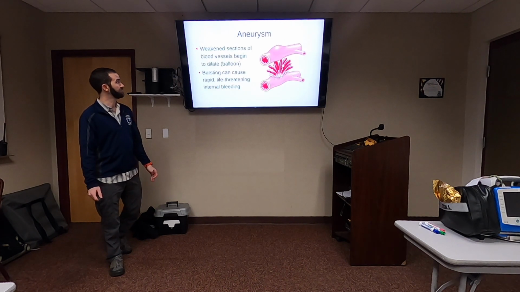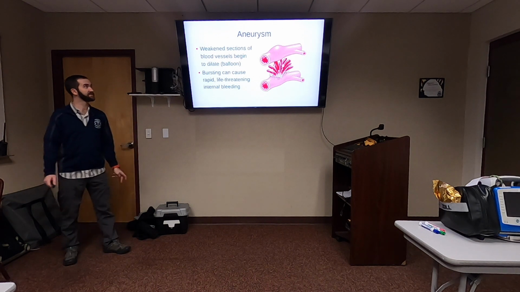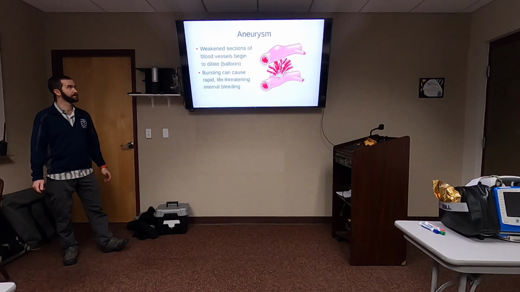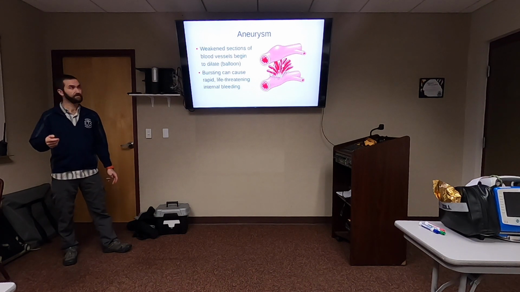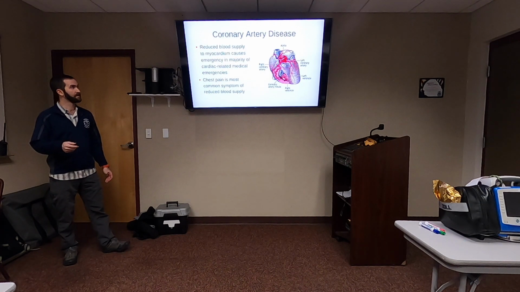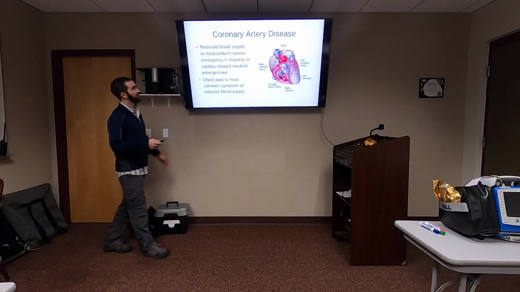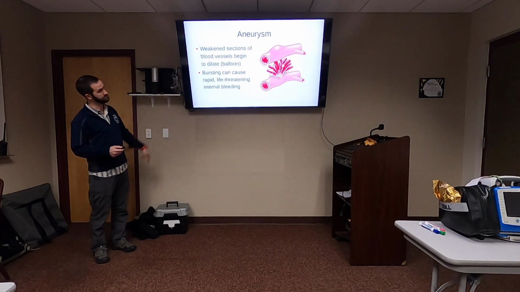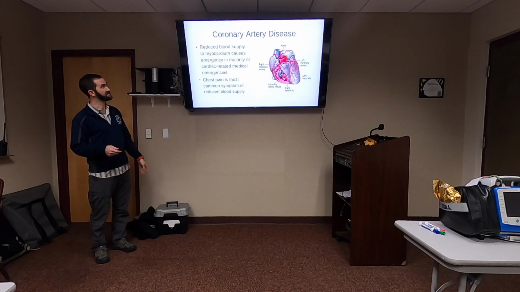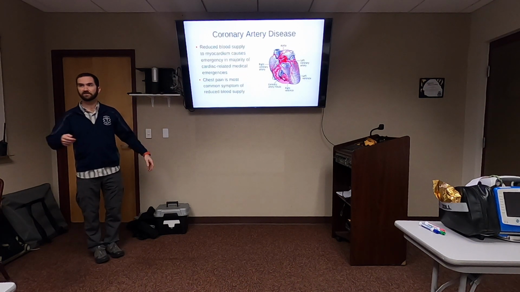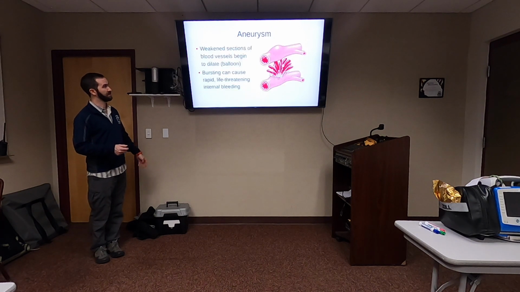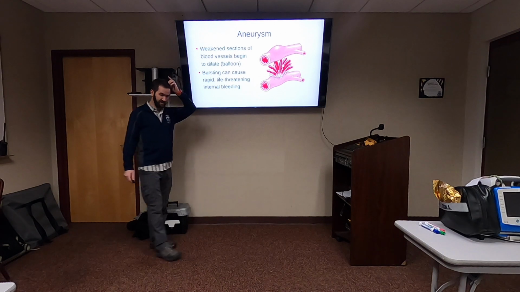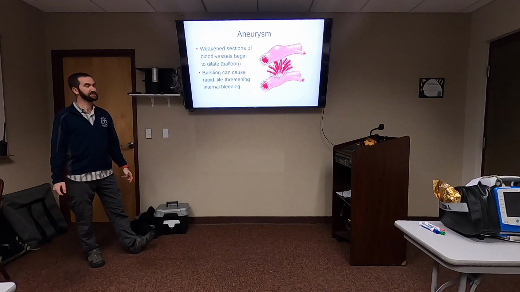The other thing that can more rarely happen is an aneurysm. Is this under coronary artery disease, or is it like a whole new section? It can be under that subheading, but aneurysms don't only happen in your heart. The ones that we're the most worried about is your AAA, an abdominal aortic aneurysm.